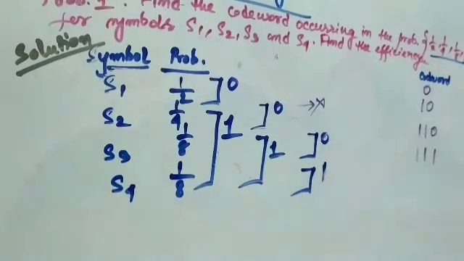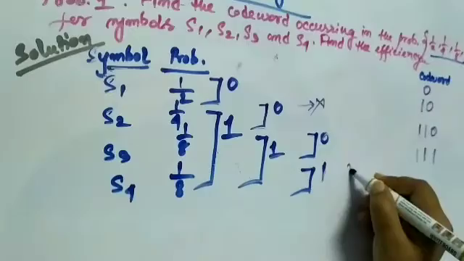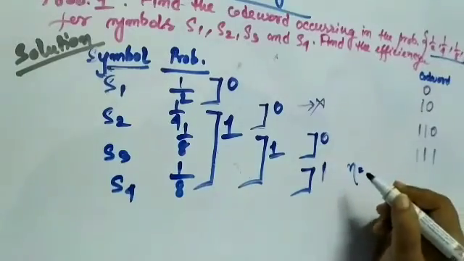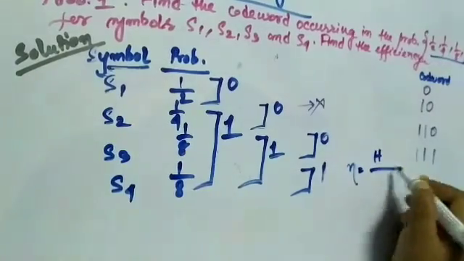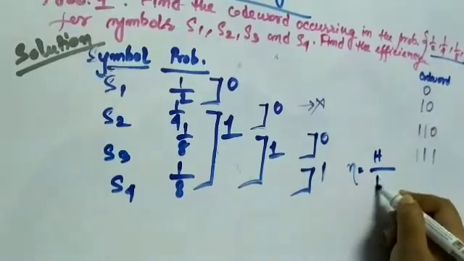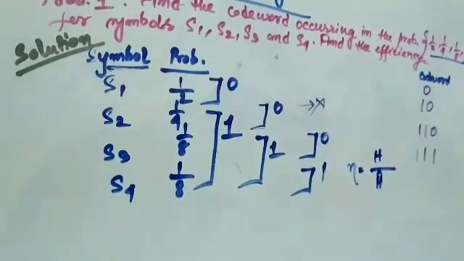Now we have to find out the efficiency of this code word. For calculation of efficiency, we have to consider a formula, that is eta equals H by H cap. Now this is our previous formula.